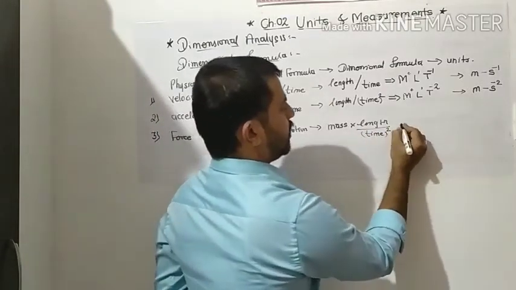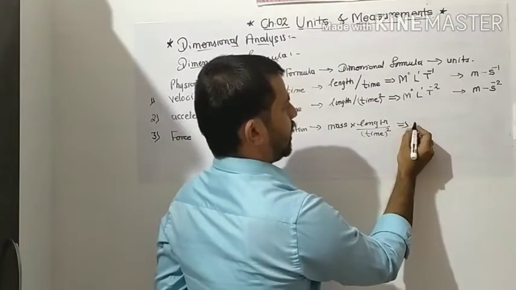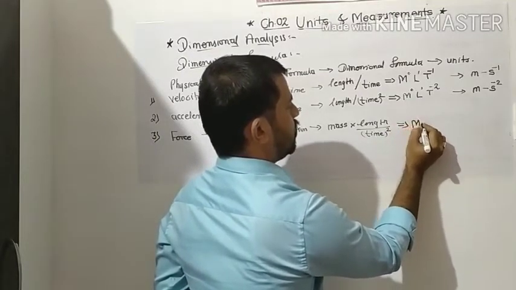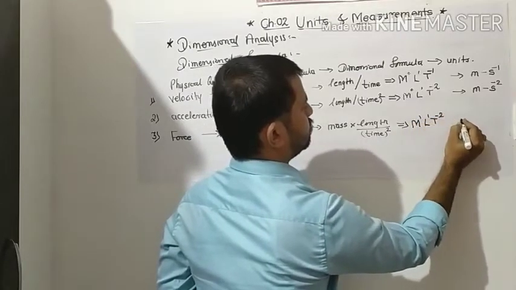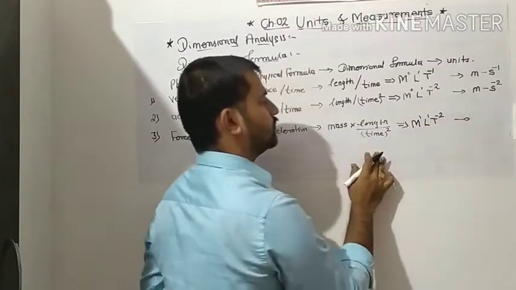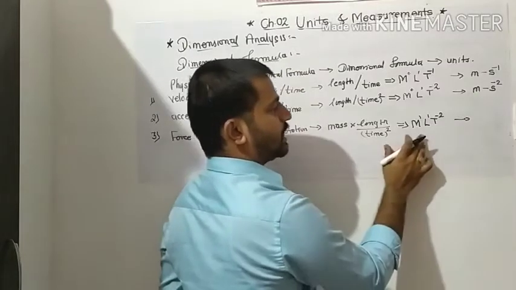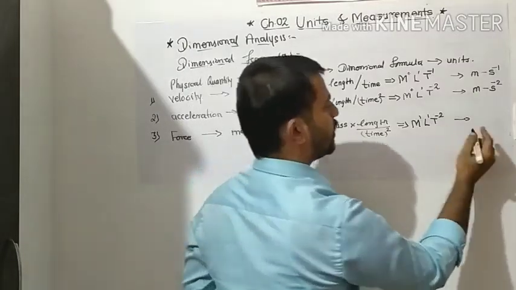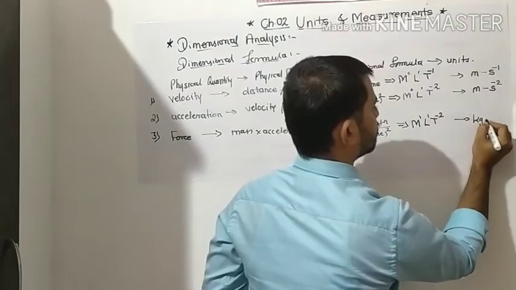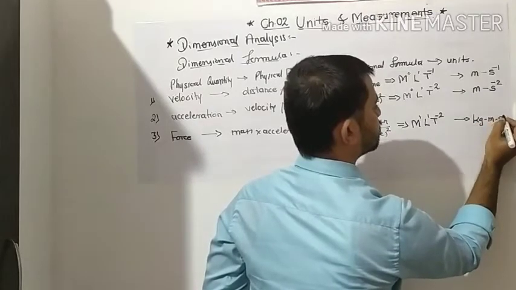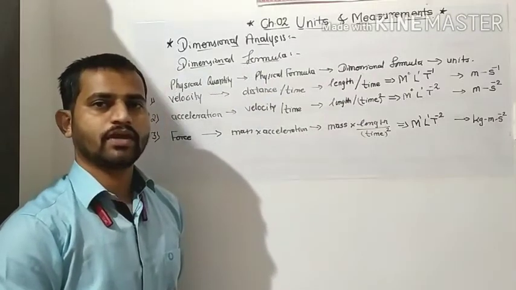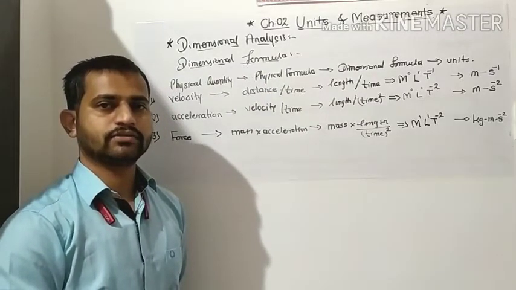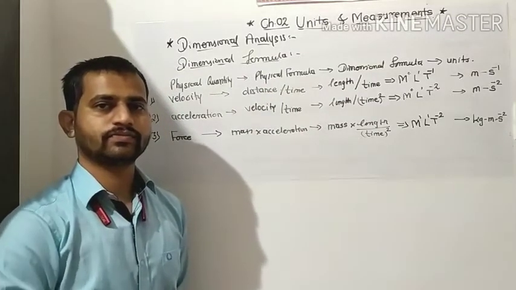So the dimensional formula is M raised to 1, L raised to 1, T raised to minus 2, and the unit of force is kg meter second raised to minus 2.